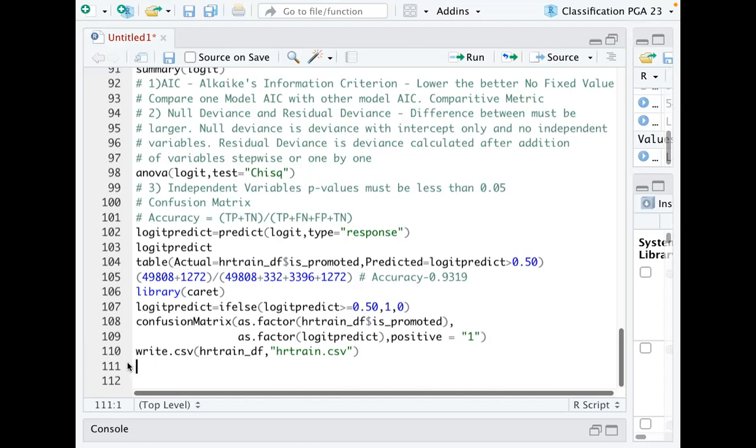No, that's okay. Loading required is okay, that's not an error. You have to install stringr. Just click on install.